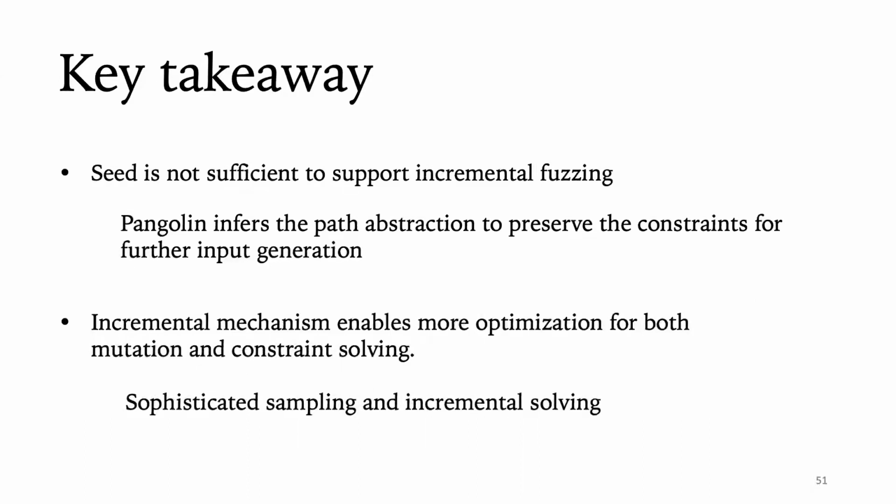Meanwhile, the incremental mechanism brought by path subtraction can further provide opportunities to improve fuzzing with sophisticated sampling and incremental solving mechanisms. We also believe that not only constraints, but also grammar and other program information could be taken into consideration in future research. This is all of our talk. Thank you for your attention.